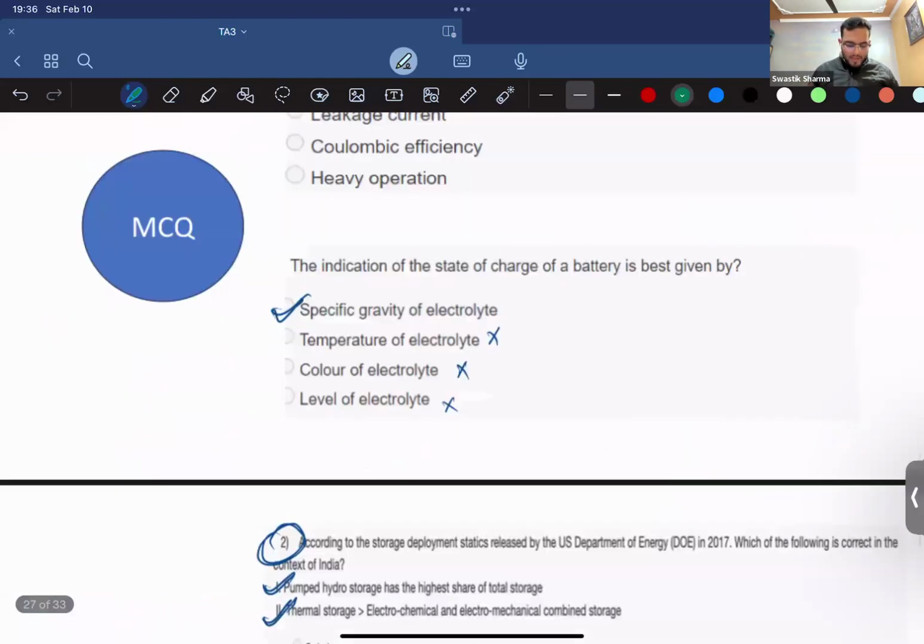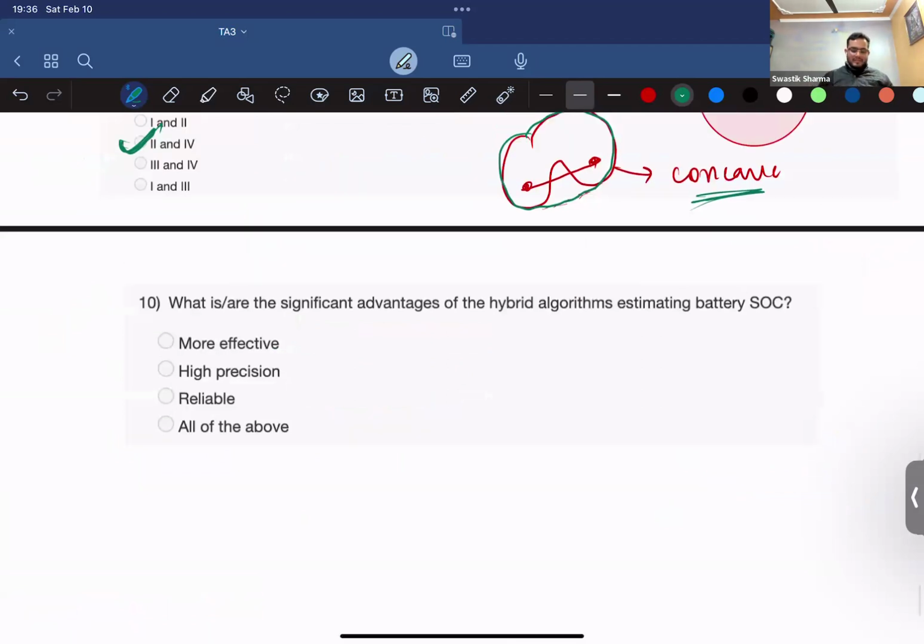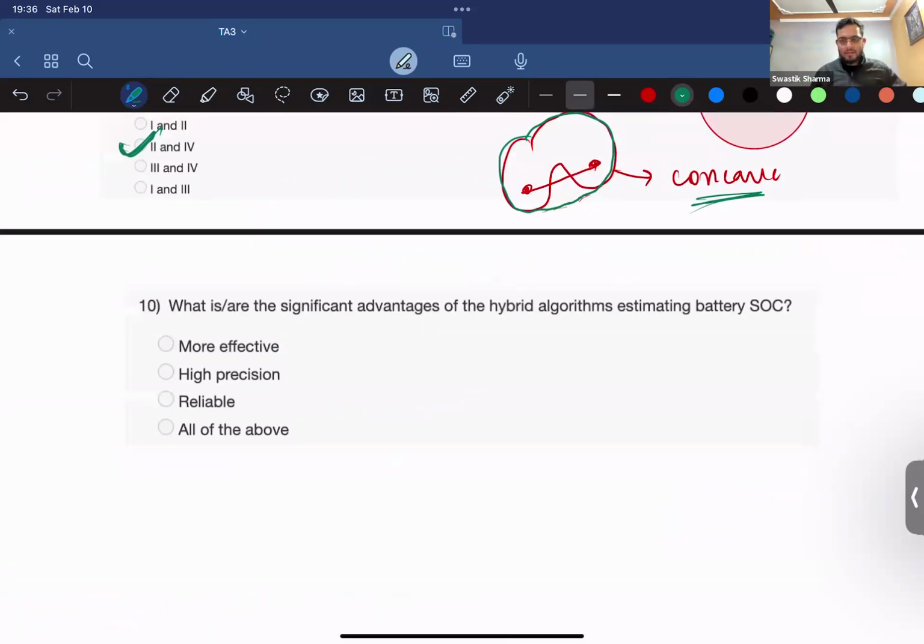So on similar lines, can anyone tell me what is or are the significant advantages of the hybrid algorithms estimating battery SOC? So they can be more effective, right? You can combine the characteristics of these two different kinds of algorithms to be able to get the best of both worlds.